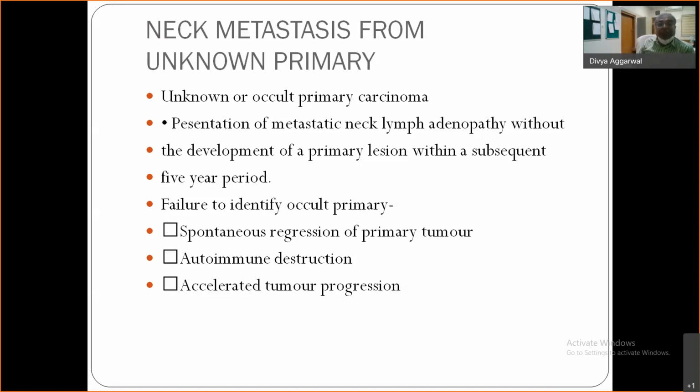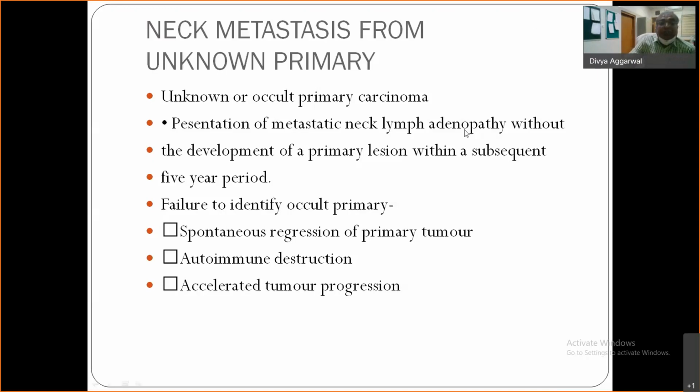See, it may be due to spontaneous regression of the primary tumor. You know that nowadays there is a theory of the role of the immune system in tumors. So it may be due to an immune response to the primary tumor, which has caused a regression of the primary tumor, or it may be due to an autoimmune destruction.